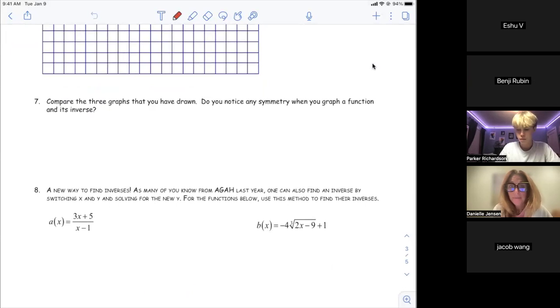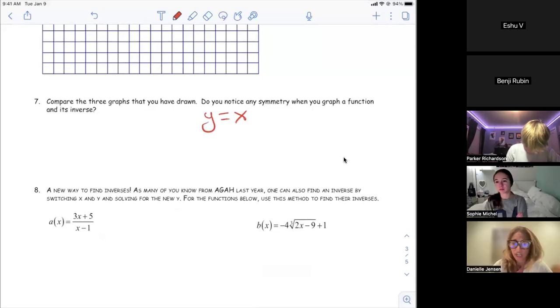The symmetry, right? Yes. So if you had drawn all the graphs correctly, you should notice that all inverses are symmetric across the line y equals x, which in many ways makes sense because by the definition of inverses, you switch x and y.